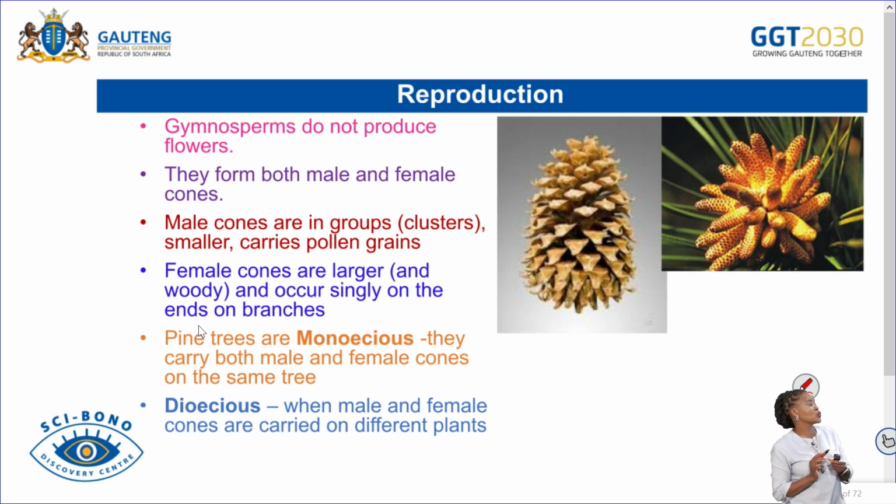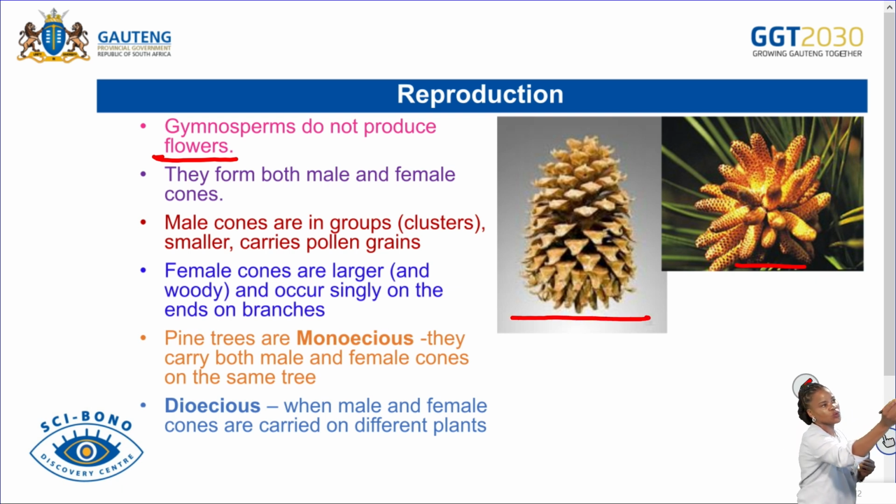Now let us look into the reproduction now of what? Of gymnosperms. Gymnosperms, just like the previous divisions, just like the bryophyte as well as pteridophyte, they do not produce what? Cones, but they do have male and female cones instead. So this is the first plant that bears the cones, the male cones as well as the female cones.